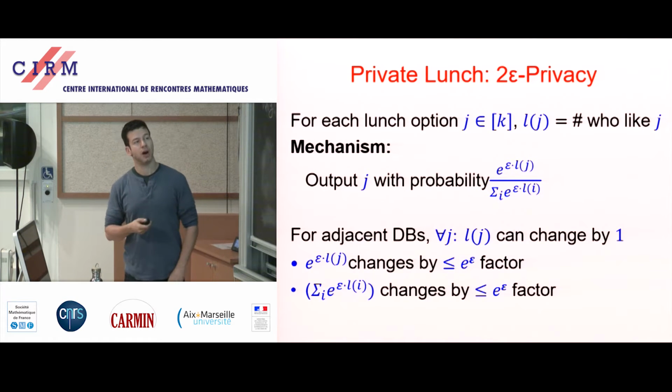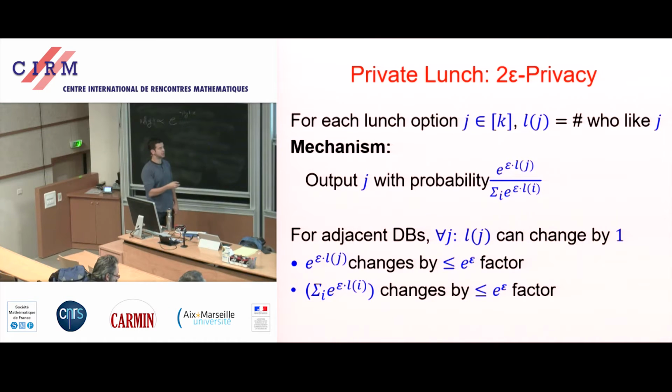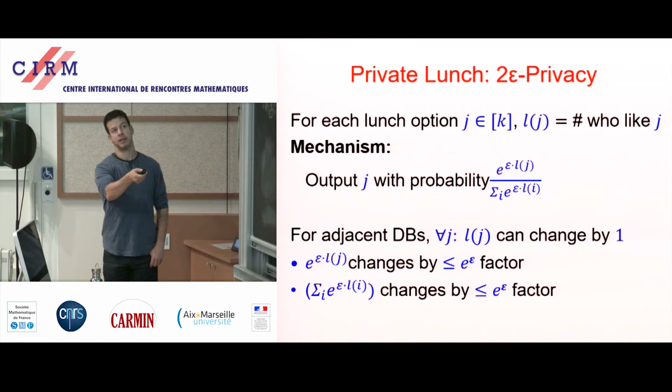Okay, so why is that? For any two adjacent data sets that only differ in one person's likes or dislikes, for any option j, the number of people who like j can only change by 1. A person can only increase or decrease the number of people who like j by 1. So if we look at the probability of outcome j, what we want to show is that it differs by a small ratio between database D and database D prime. Going from D to D prime, the numerator can only change by an e to the epsilon factor, because L of j can only increase or decrease by 1.